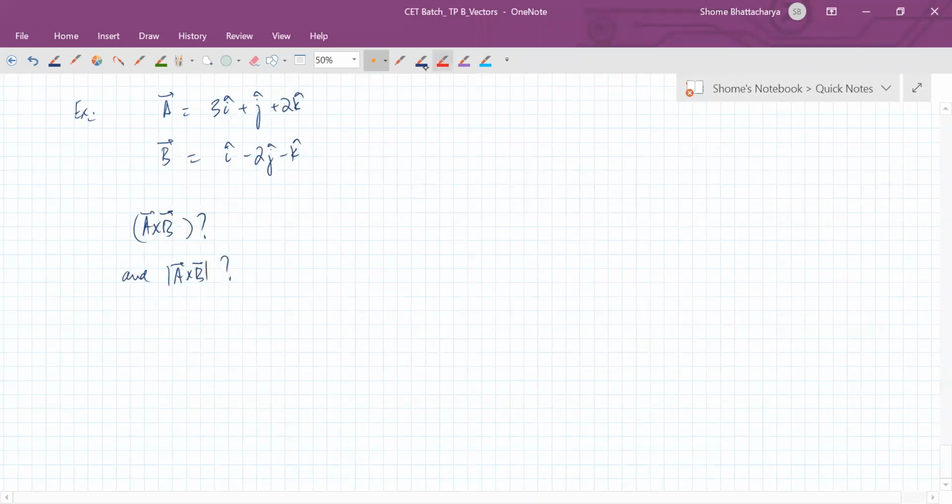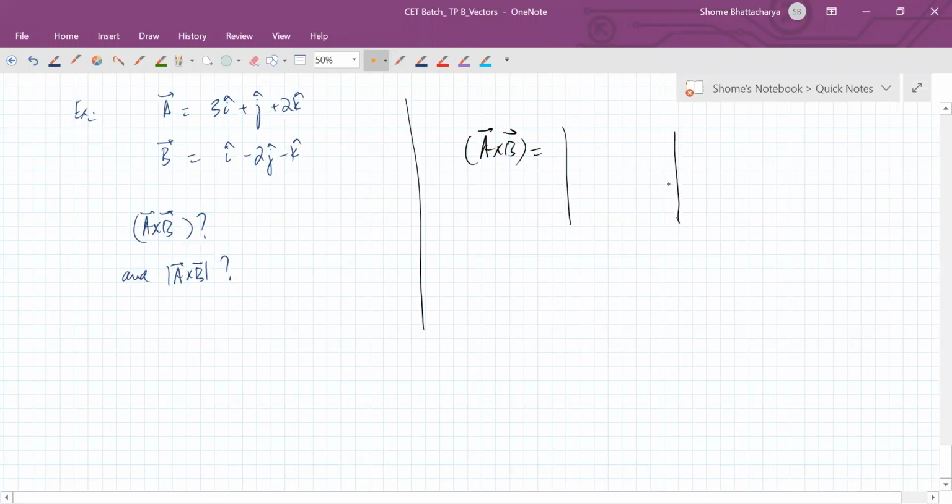So what I'll do here is very simple. For A cross B, I'll make a 3 by 3 matrix. The first row will be the unit vectors. The second row will be A's components, so just copy paste them: 3, 1, 2. And the third row will be B's components, so that is 1, minus 2, and minus 1. You just be careful of copying everything properly without any mistake with algebraic signs and all that.